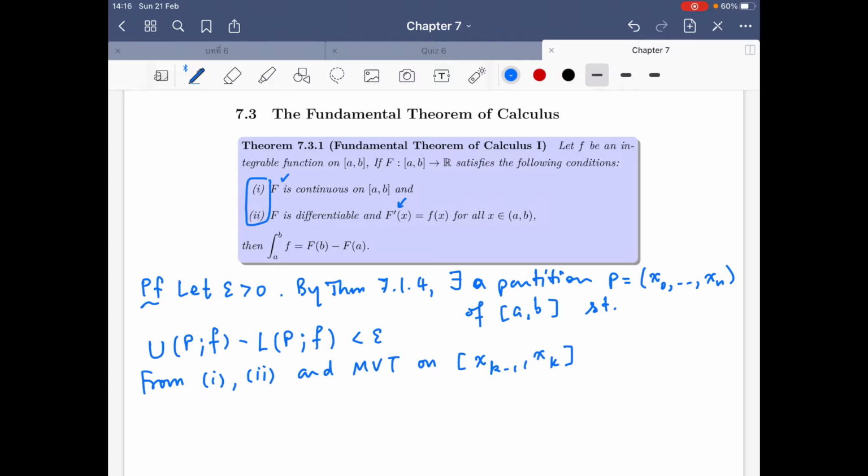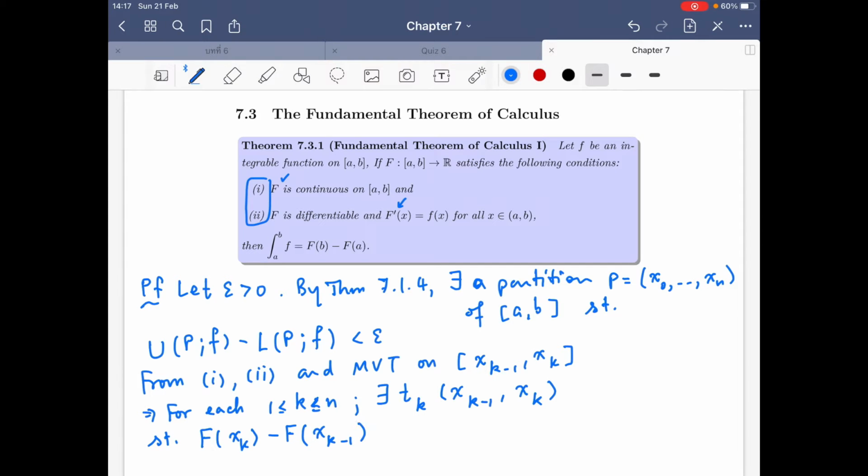It means that for each k between 1 and n, we can have a point in this open interval such that F at xk minus F at xk minus 1, the right end and the left end, equals F prime at the point in between, times xk minus xk minus 1.